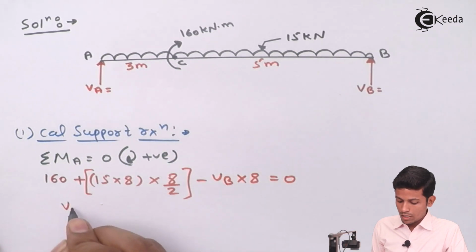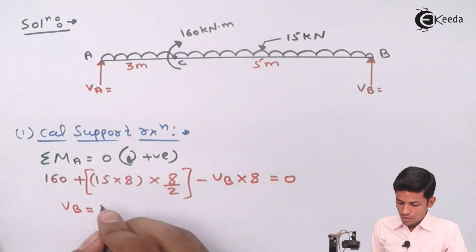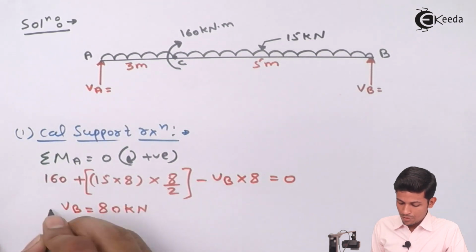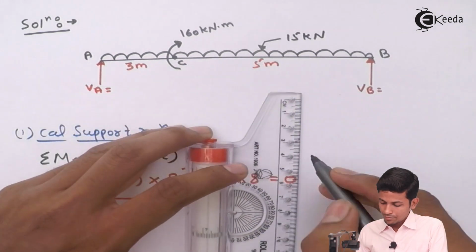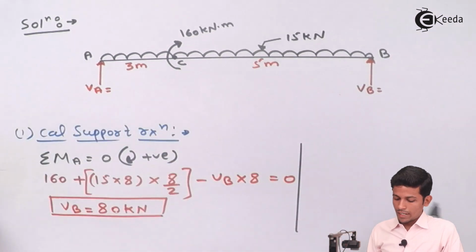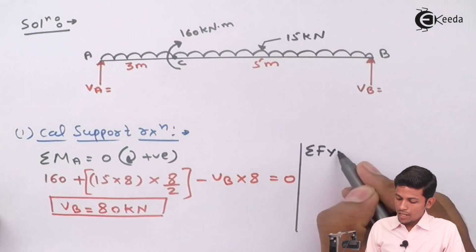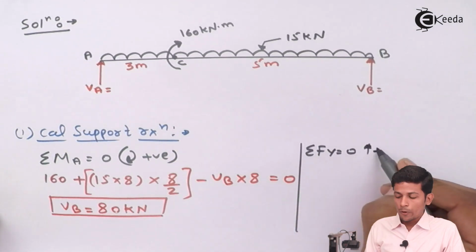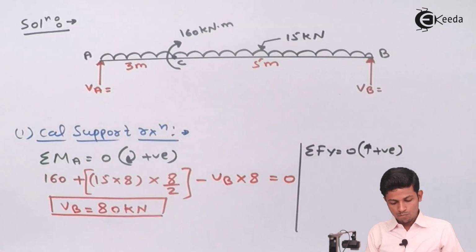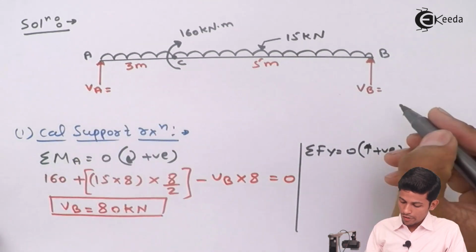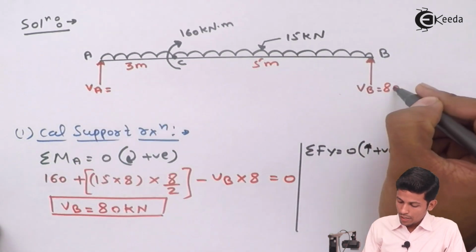While solving this, you get the value of VB as 80 kilonewton. Now after that, summation Fy equal to 0, upward positive. See, we got the value of VB as 80 kilonewton.